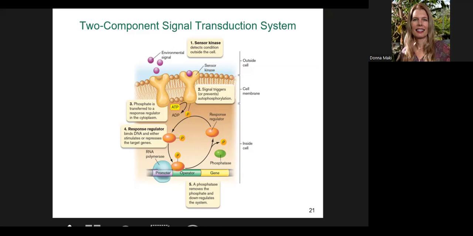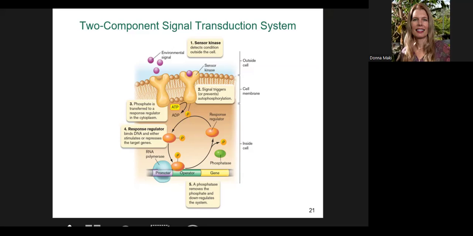Once the response regulator gets that phosphate attached to it, it wakes up and goes, now it's my turn to do my job, which is to go to the DNA and shift or alter gene expression. Hopefully in such a way that allows for a group behavior, so that because there's enough of them, they can accomplish something successful as a group.